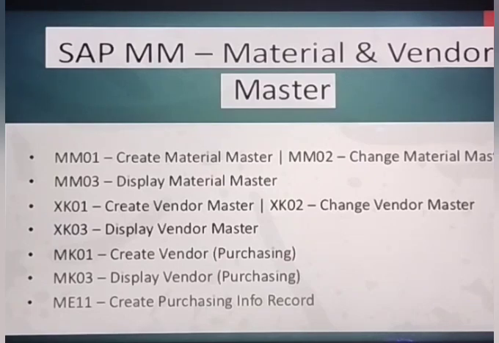Moving on to the next, to create the vendor purchasing information only, that is at the plant level, that is MK01, and to display the vendor details with only the purchasing values, that is MK03. Moving on to the next one, to create the purchase info record, as I said in the earlier slides, that is ME11.